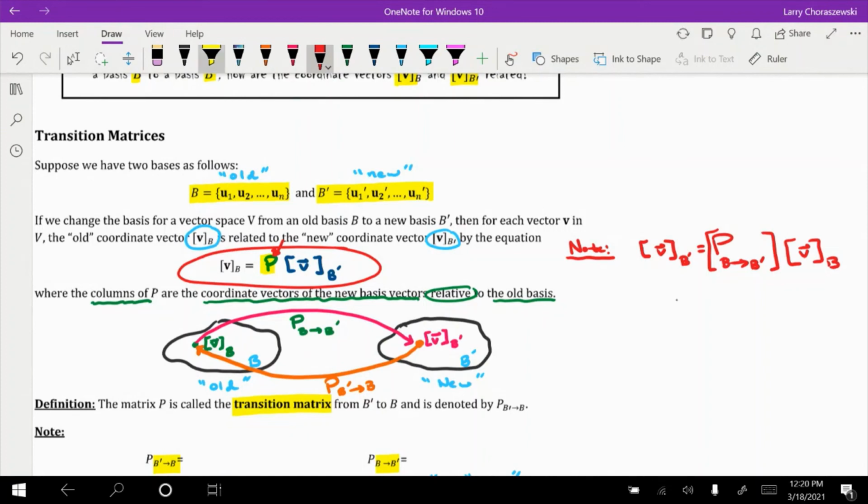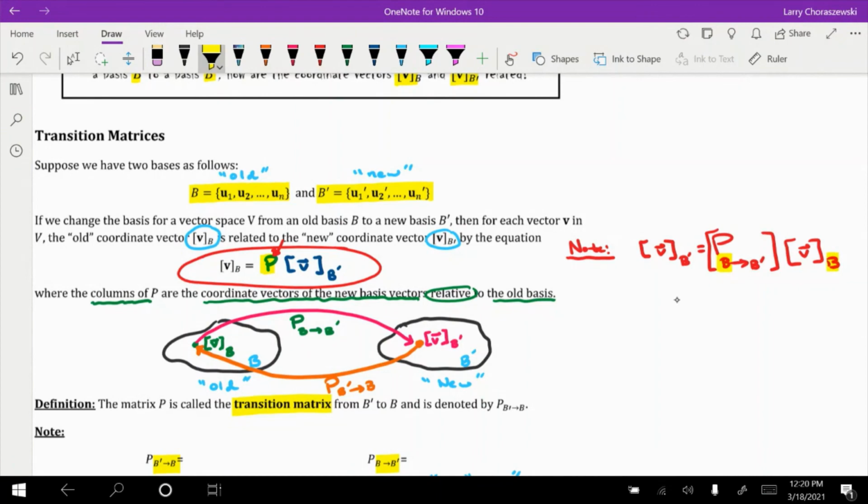Now we have two transition matrices that we're focusing on. We've got B to B prime and B prime to B. So here's what I mean by it's easy to mix up notation. But I'll give you a little trick as to which transition matrix you would want to use. If you're going from B to B prime, the first and last B notation should match each other.